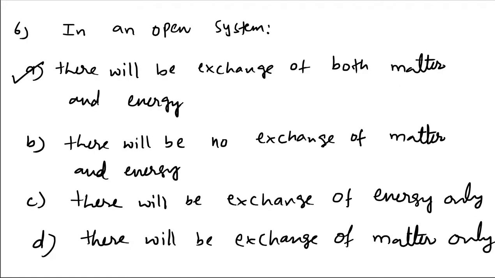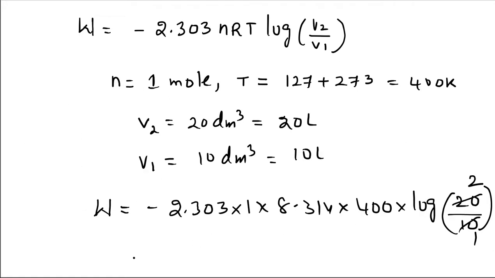So I got this one as negative 2305.3 joules. This is the work done by the gas. That work done by the gas is clearly indicated by the negative sign. So we need to find out the work. Work is going to be negative 2305 joules by the gas.